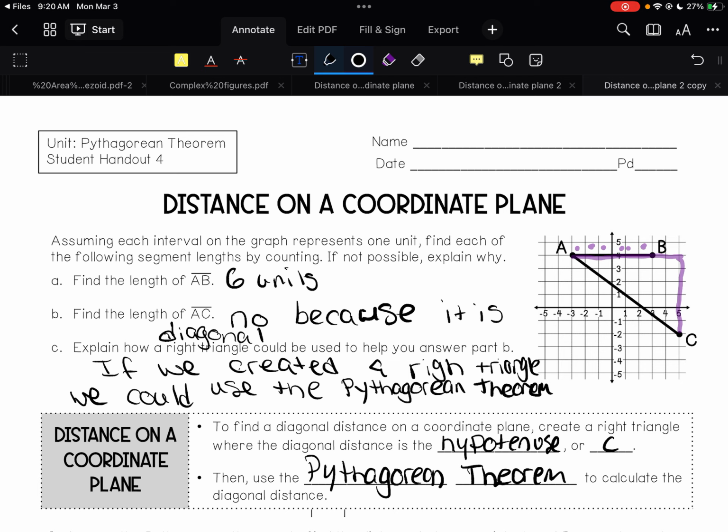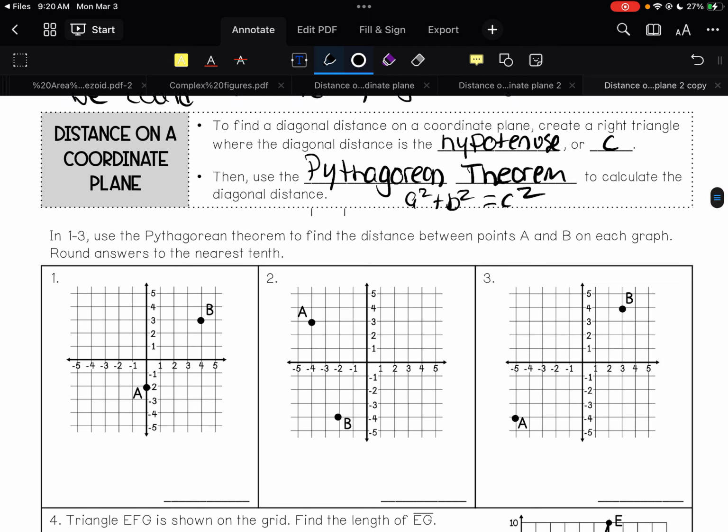So we're going to use that A squared plus B squared equals C squared that we learned last week to find that distance between A and C. And I will do some examples with you here.